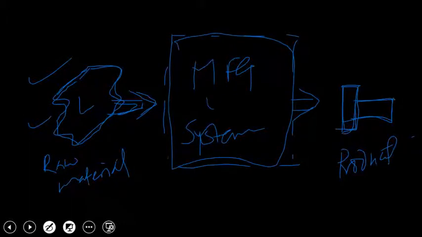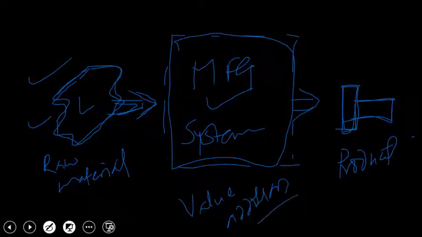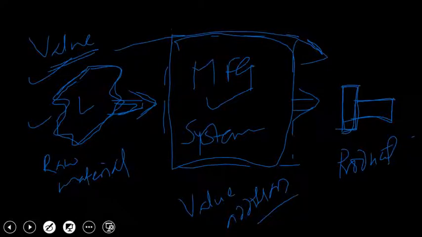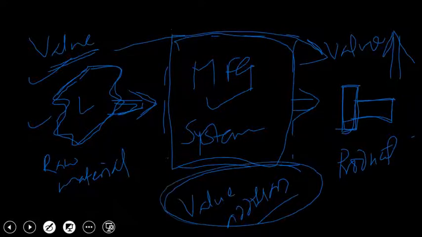So manufacturing system or manufacturing process is also called a value addition process, because this raw material, whatever value it has got, when you convert that into some useful product, its value is obviously going to be increased by some multiple numbers, right? So economically, if you look at the manufacturing process, it is a value addition process.